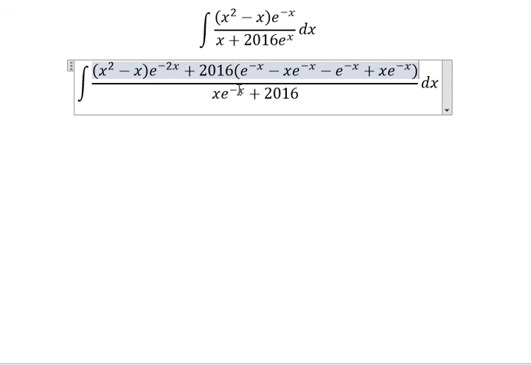Next, we need to divide this integral into two integrals.